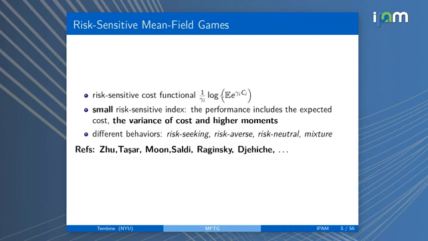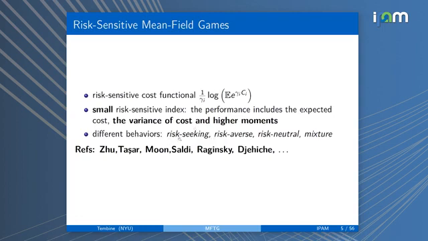Well, it is interesting because the Nash equilibria, the optimal strategy under this new performance criterion, as gamma goes to zero, you might connect to the classical risk-neutral cases. And when gamma is not zero, you might have different behavior. So it's very interesting to mix some players.